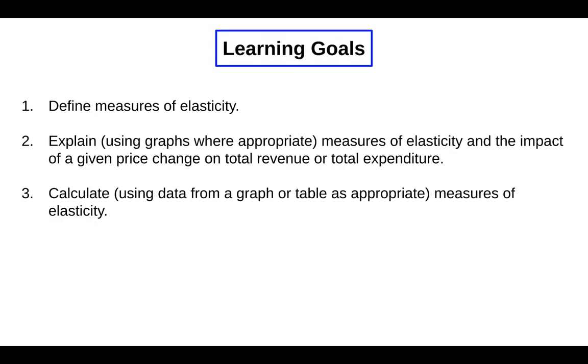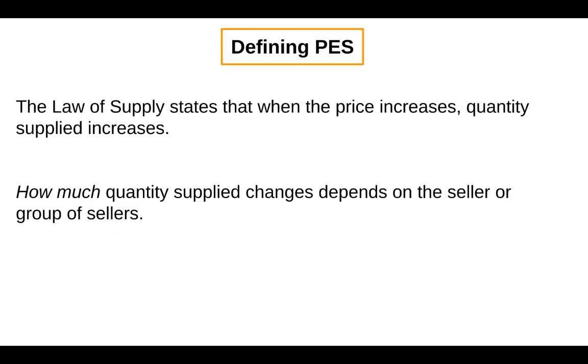With that in mind, we're basically just going to continue looking at different measures of elasticity and how to work with them. So let's look at defining the price elasticity of supply. The law of supply states that when the price increases, quantity supplied also increases, right? So there's this positive relationship between price and quantity. How much quantity supplied changes depends on the seller or group of sellers. How sensitive are they to a price change?